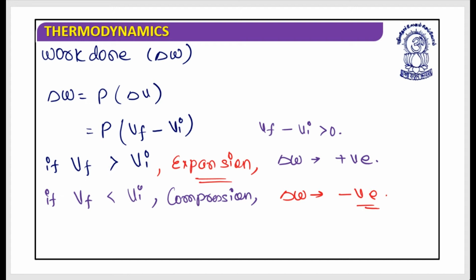So always keep in mind that in the case of an expansion process, work done is positive, and if the final volume is less than the initial volume, that is a compression process, then delta W is negative. I hope this is clear.